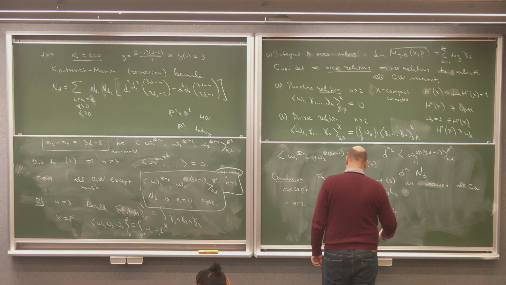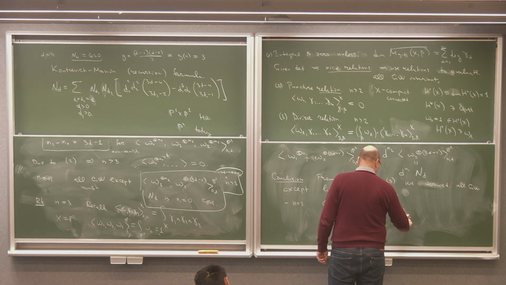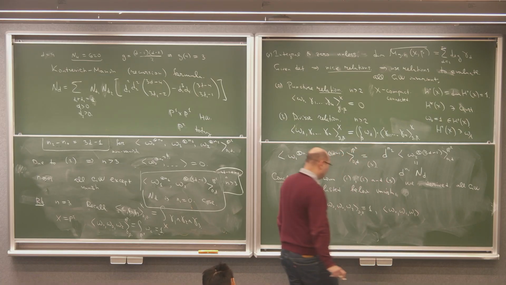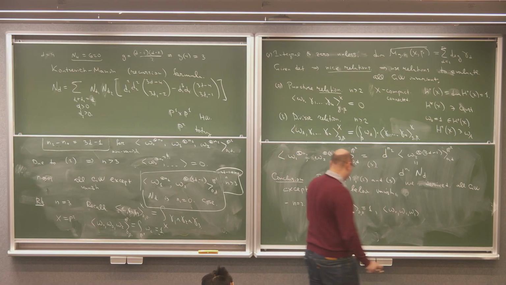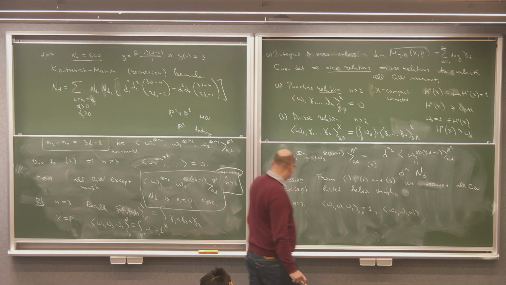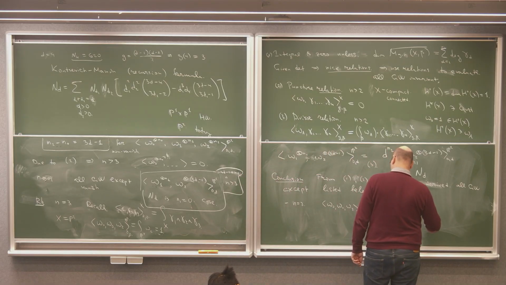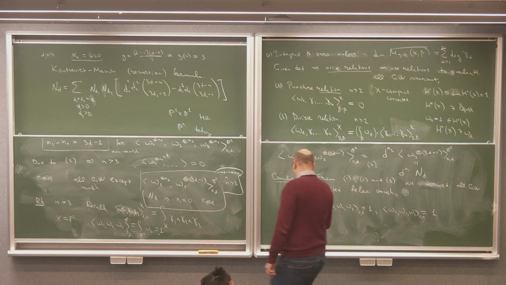And the other combination, omega 1, omega 1, because if I multiply omega 1 by itself I get omega 2. So this is also 1.